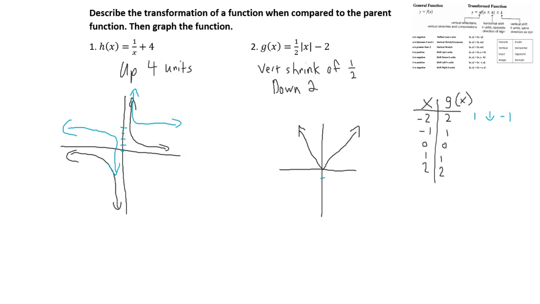So instead of being at 1, 1, we're going to go 1 right and half up because it's vertical shrinking. So that one's going to look a lot flatter because it's going up at a slower rate. All right, let's look at some more examples.